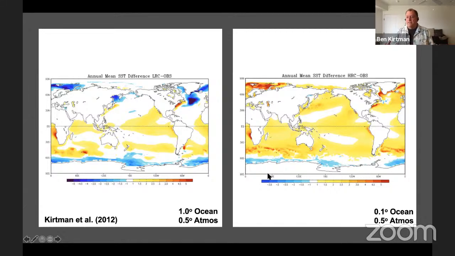But in an RMS sense, they're pretty comparable. So just throwing resolution at it is not sufficient. You need to put a lot of effort into thinking about how our parameterizations work at this resolution, and about the numerics. Is the numerics operating efficiently at this resolution? There's still a fair amount of work to be done to even capitalize on these very high resolution simulations.